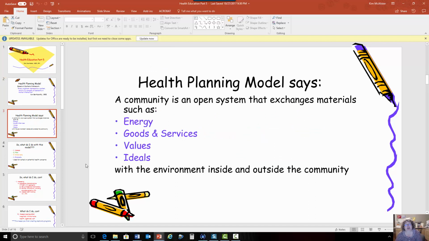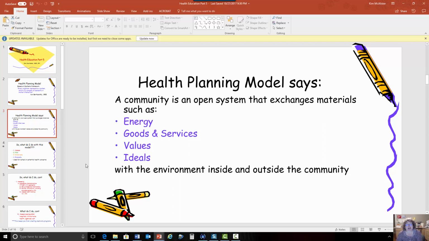So when you're getting ready to give education at the community level, you need to use a model to help design your program, to have a flow and a framework to build your program on.